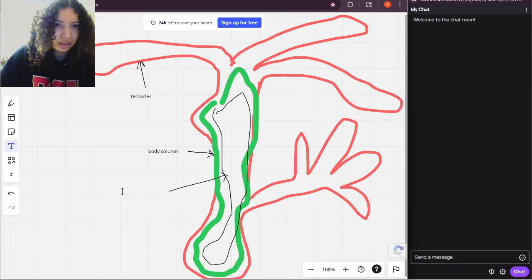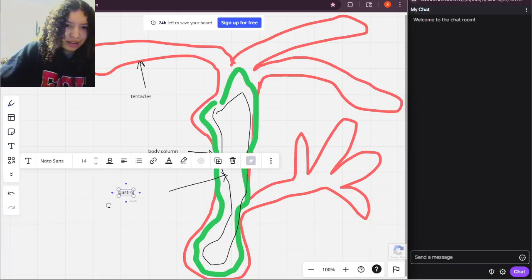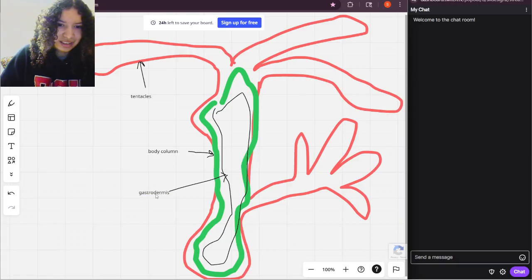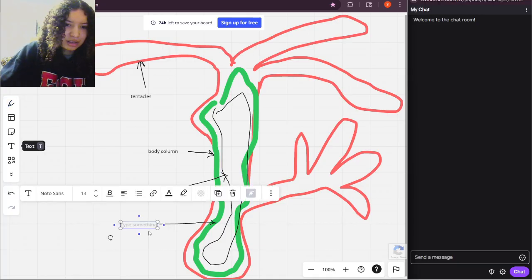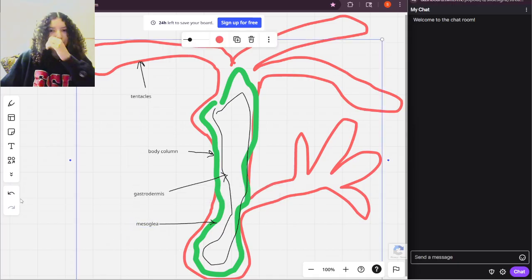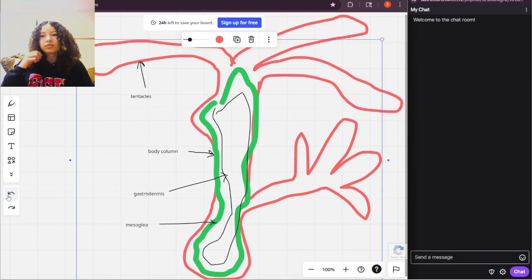Gastrodermis. It's this inner layer. Then I believe this green layer, the middle layer, is going to be the mesoglea.